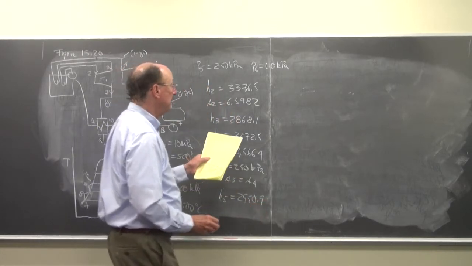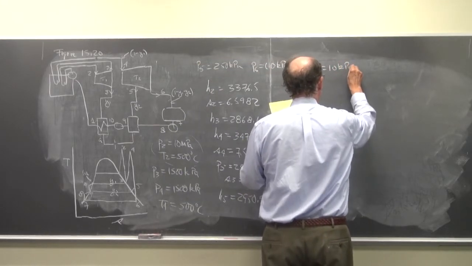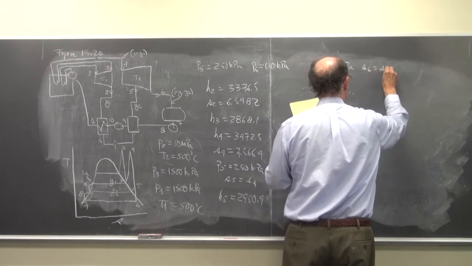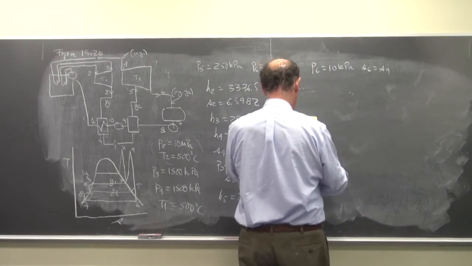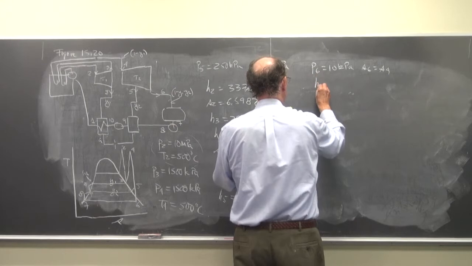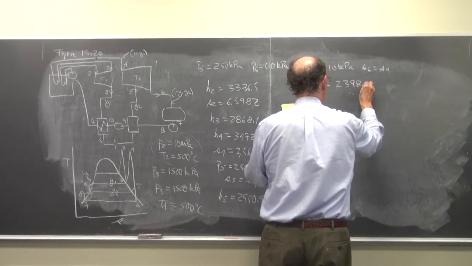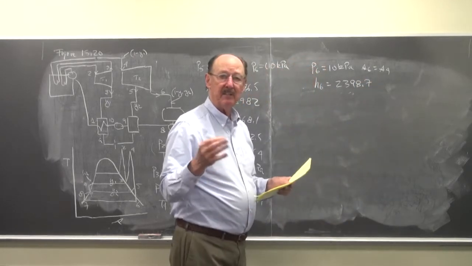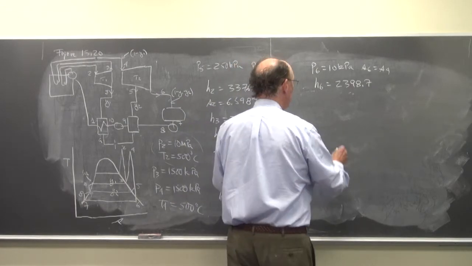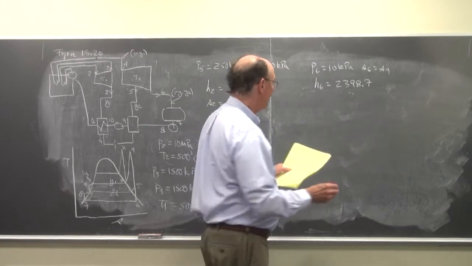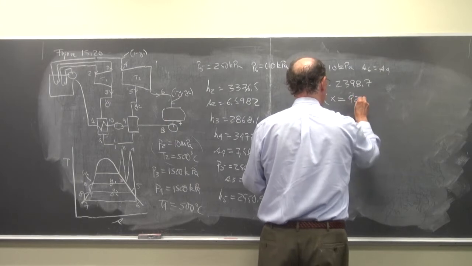And I have that P6 is equal to 10 kPa, S6 is equal to S4, and so I have that H6 is equal to 2398.7. Now, you're going to have to calculate the quality to find this, so you'll have to do that. And speaking of which, I wrote it down. So X here was equal to 92.2%.